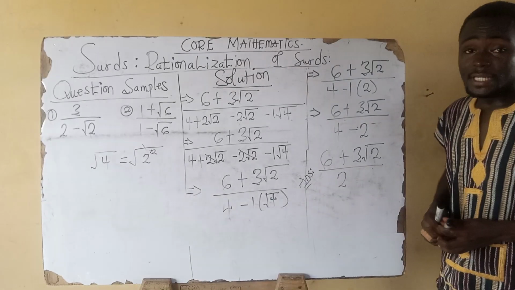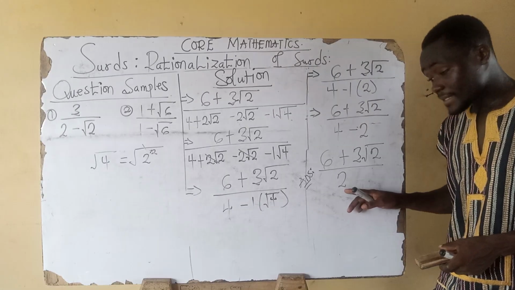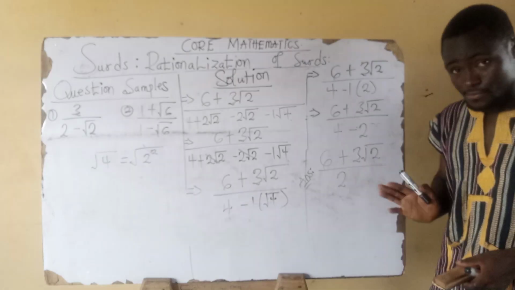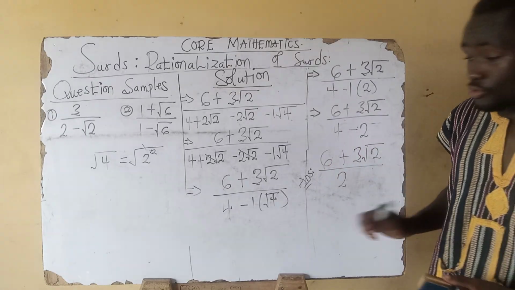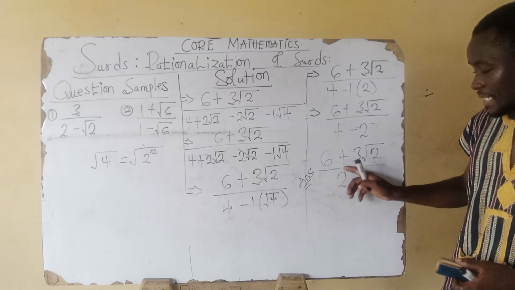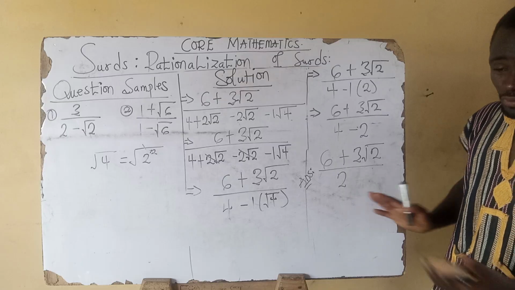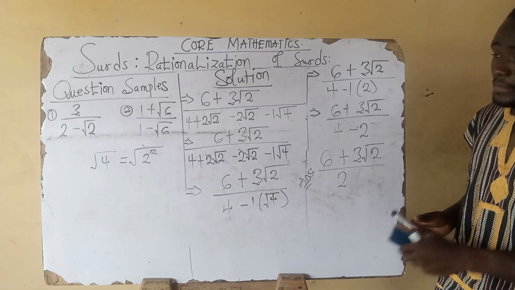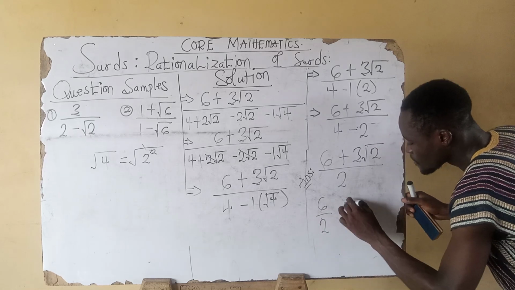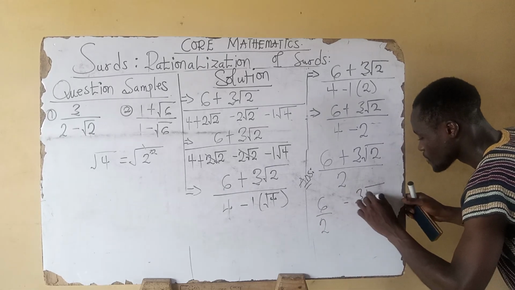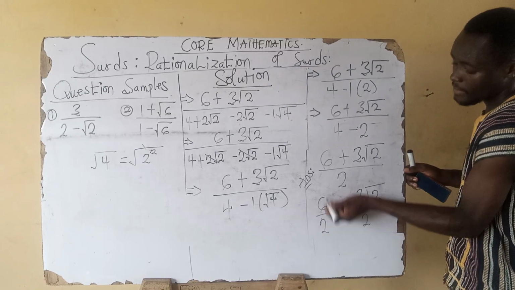And I will advise you that please never cancel the 2 and then the 6, because the numerator is a binomial. Okay, so you cannot use the denominator, this 2, to cancel that. You can only cancel when you split it up. So when you split it up like this, all over 2, that one you can decide to cancel the 2 here by the 6.